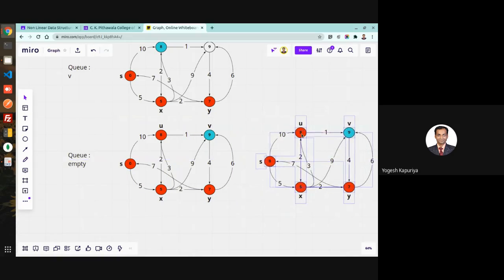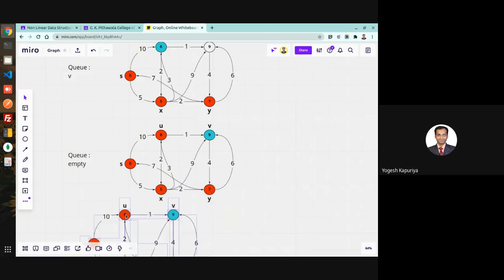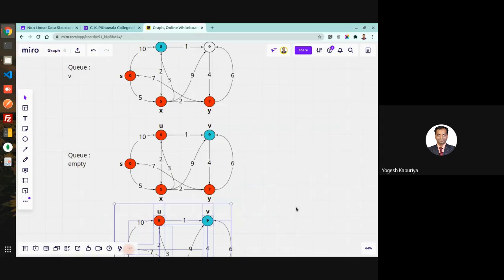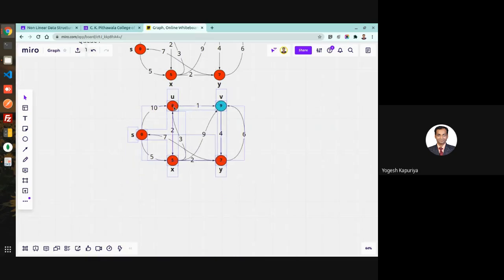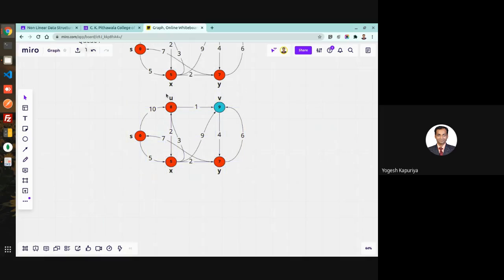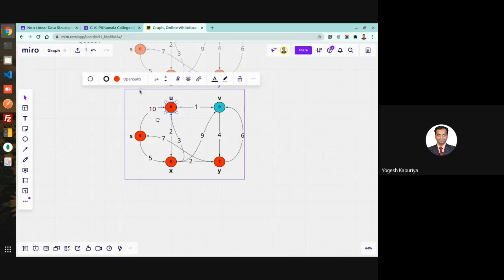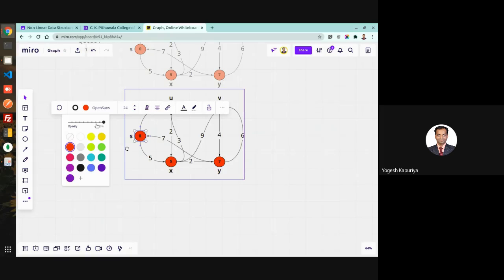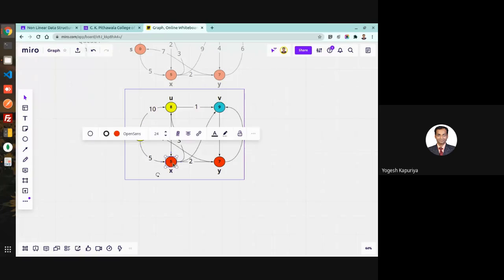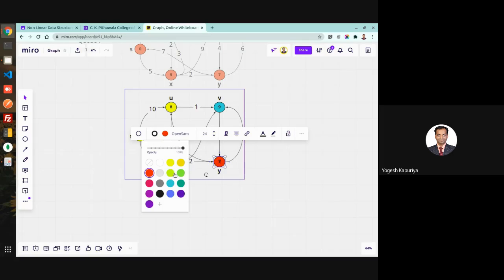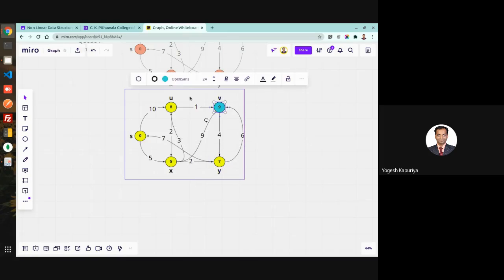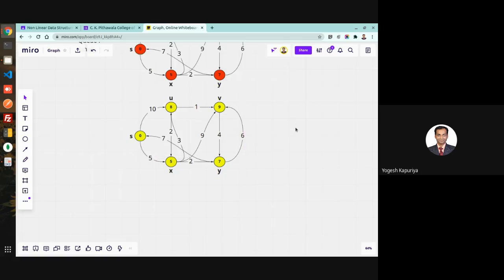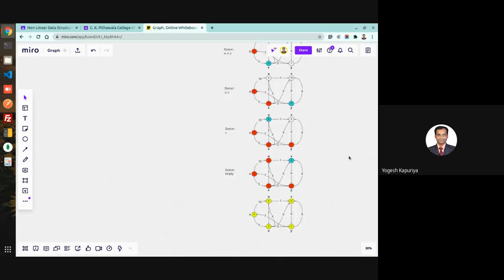So this is the output. So you have the distance of all the vertices from the source vertex, which will be minimum. And how can you compute the path?